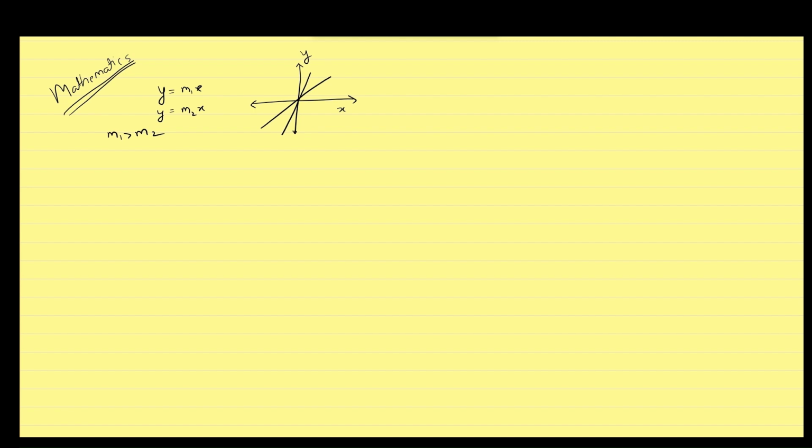First, we will differentiate the first equation with respect to x, giving us m1. Similarly, we will differentiate the other equation of the line, giving us the slope m2. Since you already know that this angle theta is nothing but tan inverse m, where m is the slope of the line, and as m increases, theta also increases.